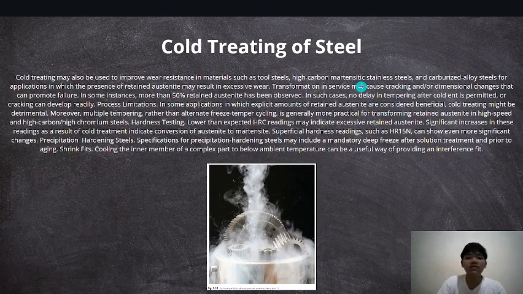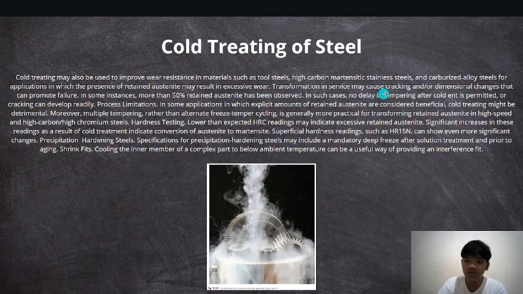Cold treating of steel. Cold treating may also be used to improve wear resistance in materials such as tool steels, high carbon martensitic stainless steels, and carburized alloy steels in applications in which the presence of retained austenite may result in excessive wear.